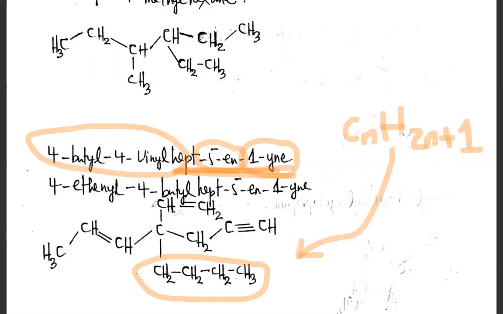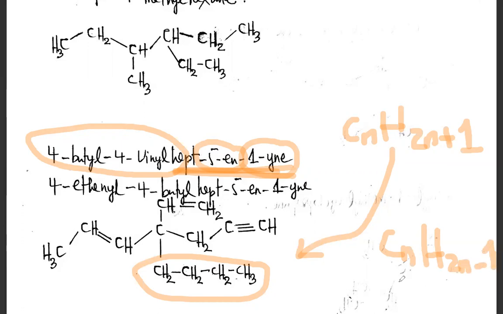Then our vinyl is also known as ethylene. So our vinyl is basically our CnH2n. Now we're saying it's 1 hydrogen atom less.